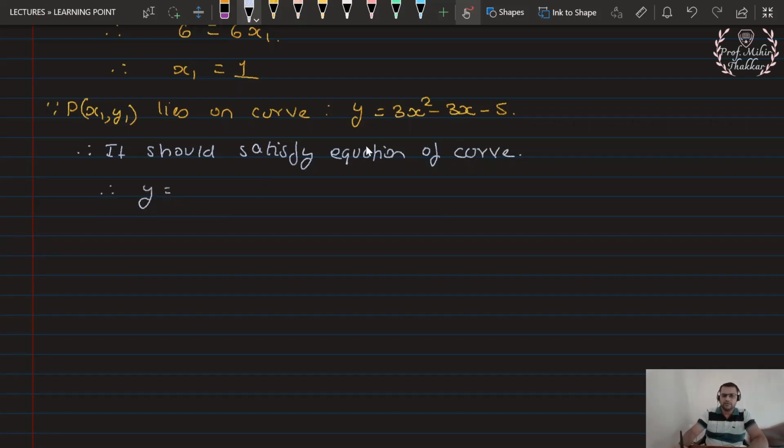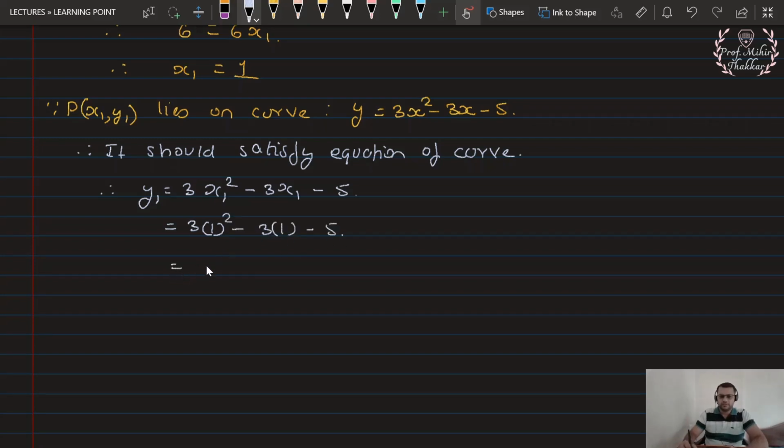Therefore, y1 is equal to 3 into x1 square minus 3x1 minus 5.